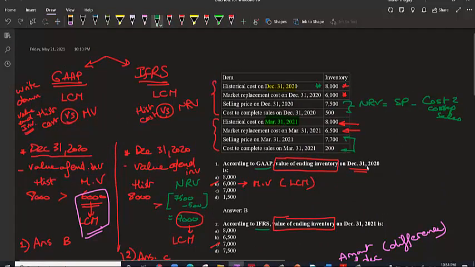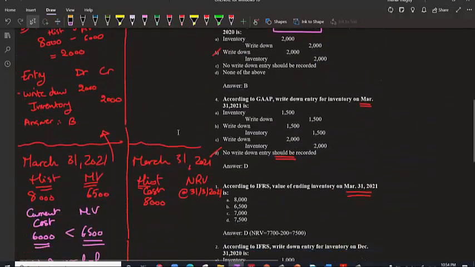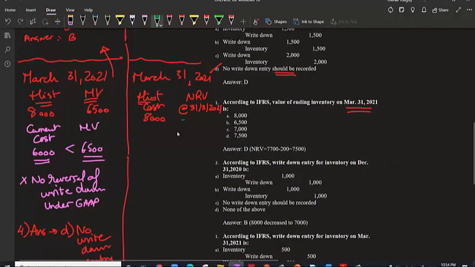The net realizable value is 7,700 minus 200, which equals 7,500.